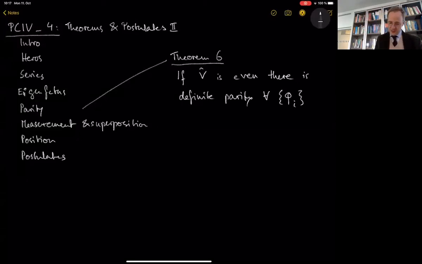Definite parity means that they will be either odd or even.